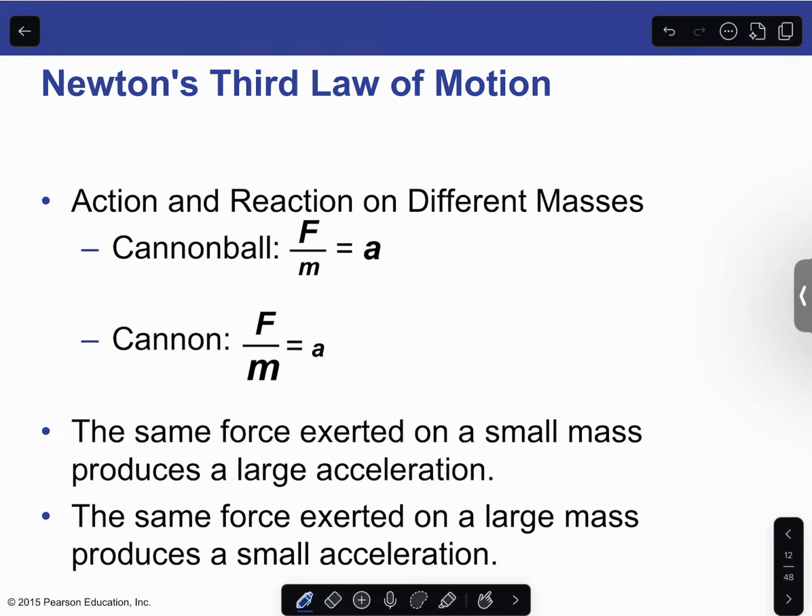If F is the same, if the numerator is the same for two fractions, which fraction is bigger? The one with the little m or the big M? The little m. If I divide by a smaller number, I get a bigger number.